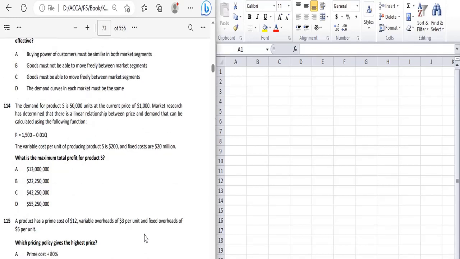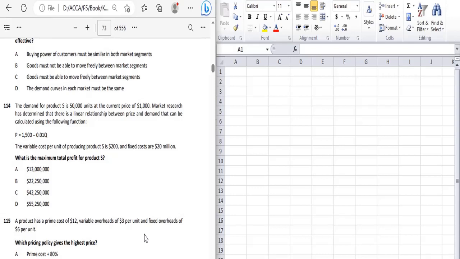Okay, so 114. What is the maximum total profit for product X? Maximum total profit is what the question is asking. Demand for the product X is 50,000 units at a current price of 1,000. Market research has determined that there is a linear relationship between price and demand that can be calculated using the following function.